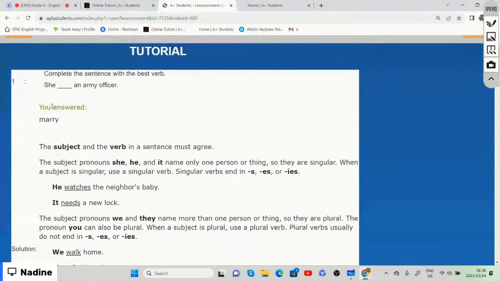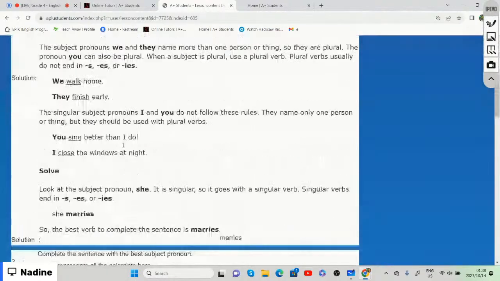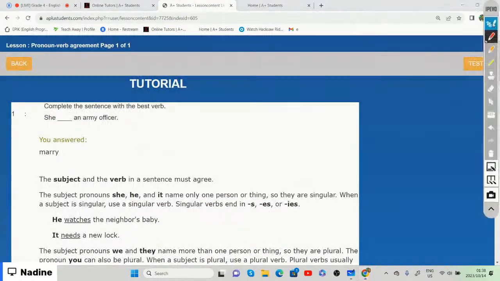All right, so now we need to complete the sentence with the base verb. She what an army officer. Do we say she marry or marries?